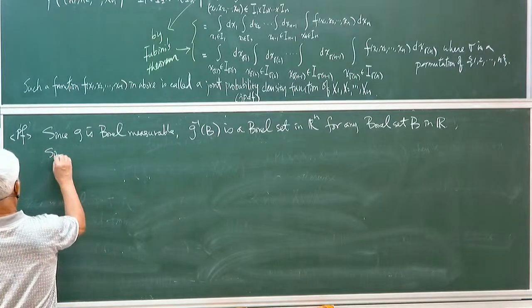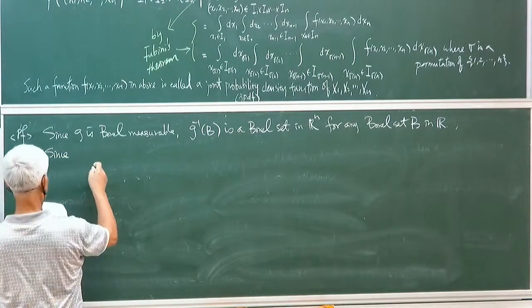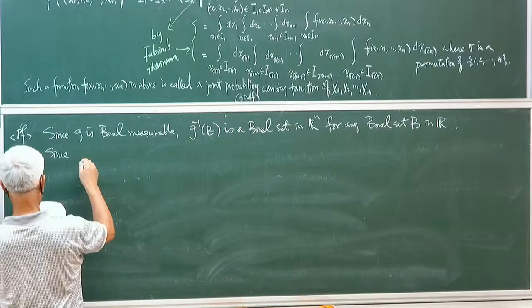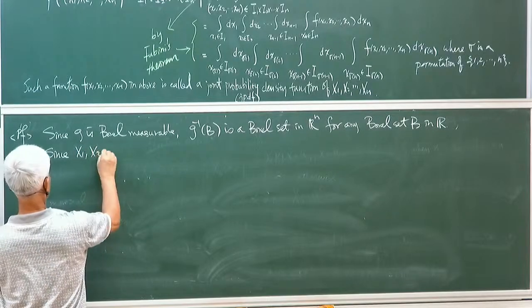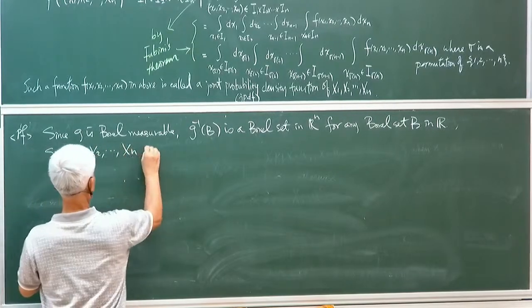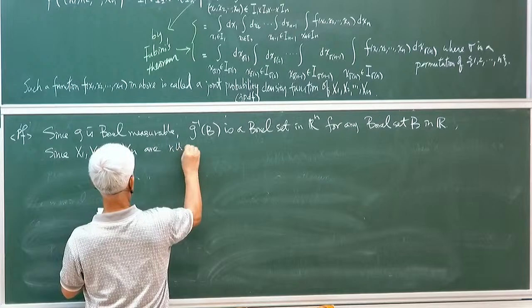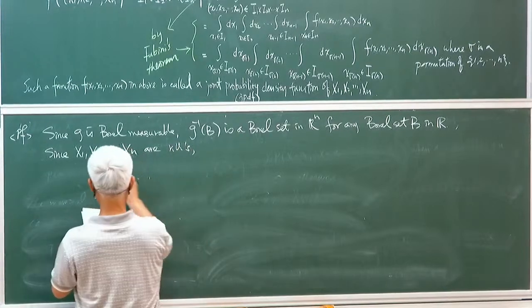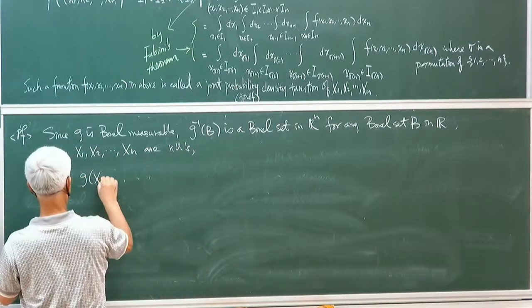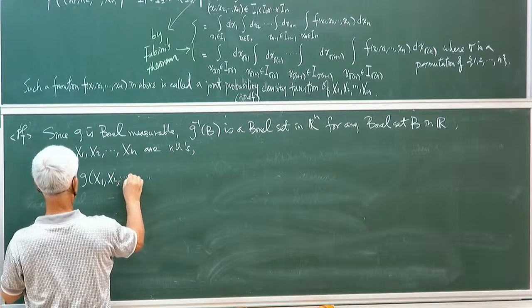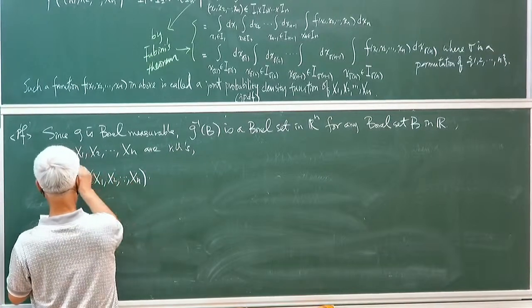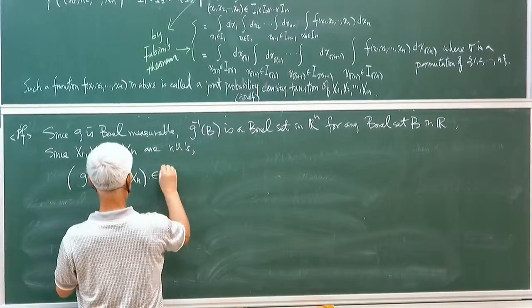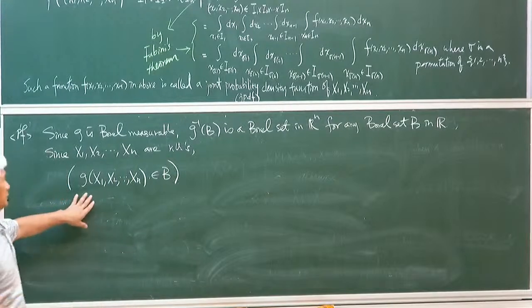Now since x1, x2 up to xn are random variables, we look at this event.